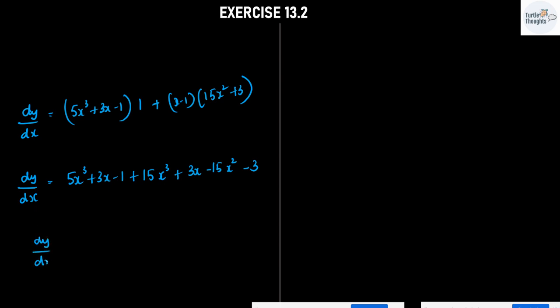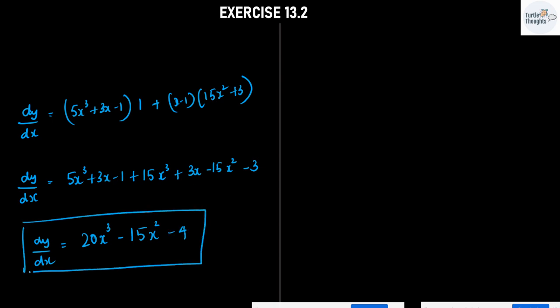Dy by dx is going to be equal to 15 plus 5, which is going to be 20x raised to the power 3, minus 15x squared, plus 3x plus 3x, and minus 1 minus 3, it is going to be minus 4. This is going to be your final answer.